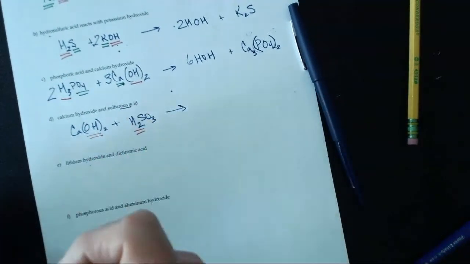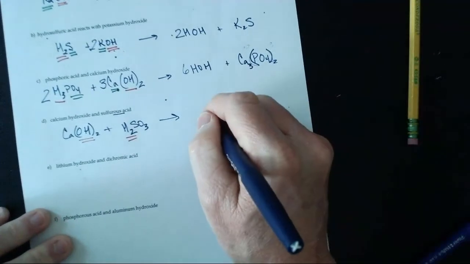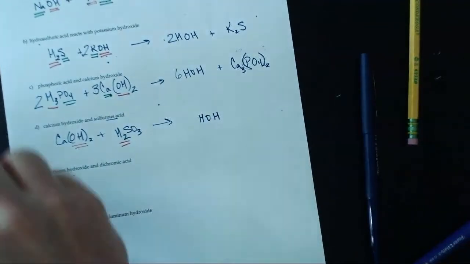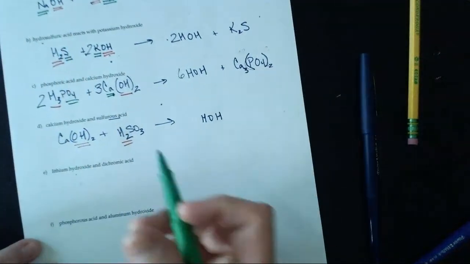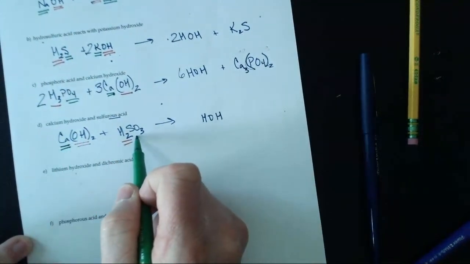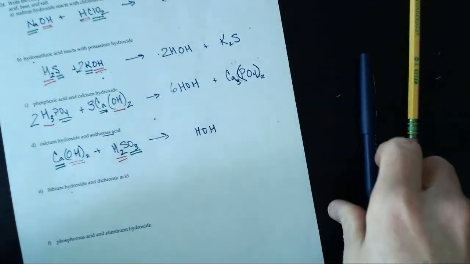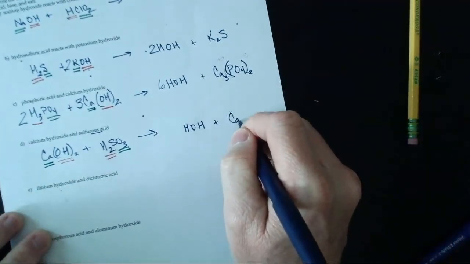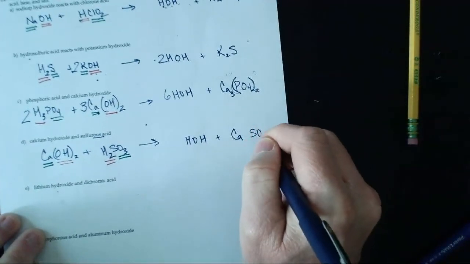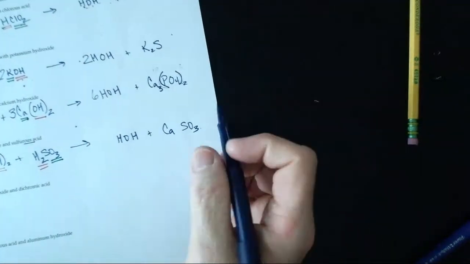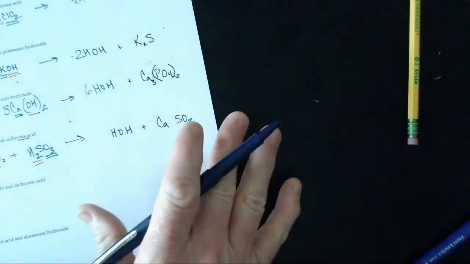Hydroxide and hydrogen, and so there's my water. Calcium sulfite, so calcium and then SO3. Calcium sulfite makes it pretty easy because calcium is +2, sulfite is -2, so we're good to go. Let's see if we're in balance.